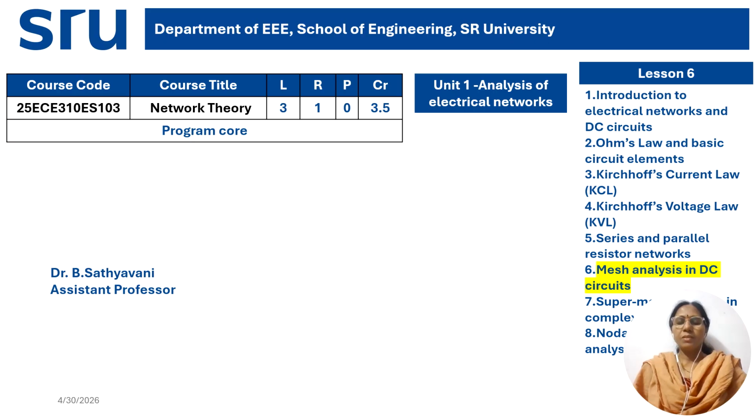And in lesson number 3, we discussed Kirchhoff's current law. Let me give again the statement of Ohm's law and Kirchhoff's current law. Ohm's law states that, provided the temperature is constant, the current through a conductor is directly proportional to the voltage, and the derived formula is V equals IR. In the next lecture we are going to use this equation, V equals IR, and the power equation P equals V into I, and the energy is the product of power and time.